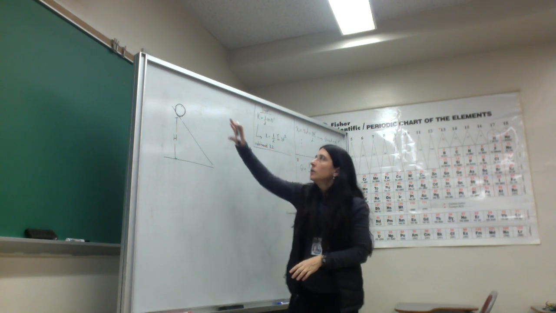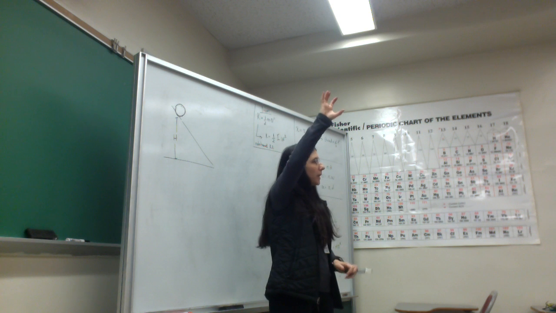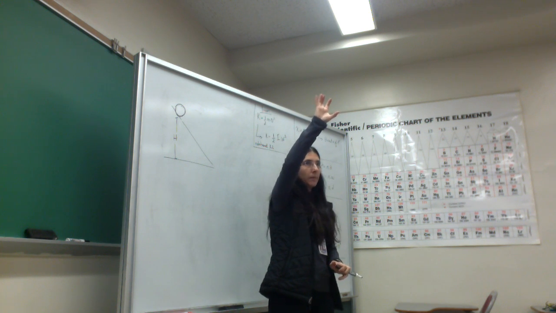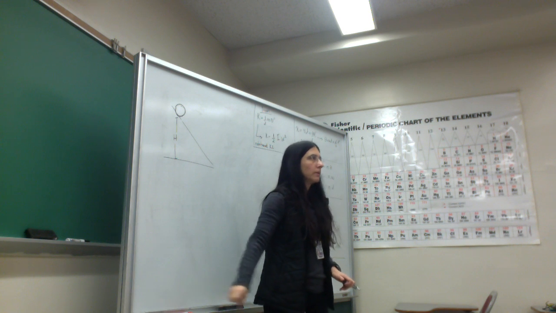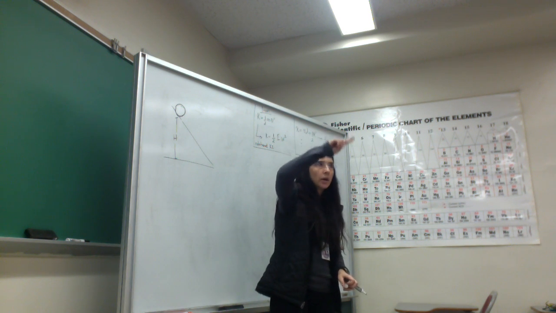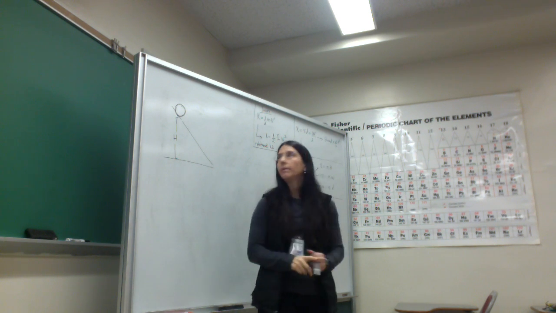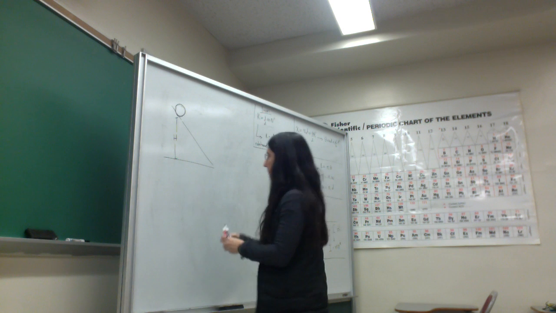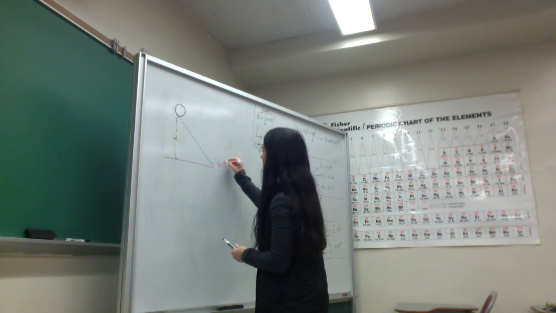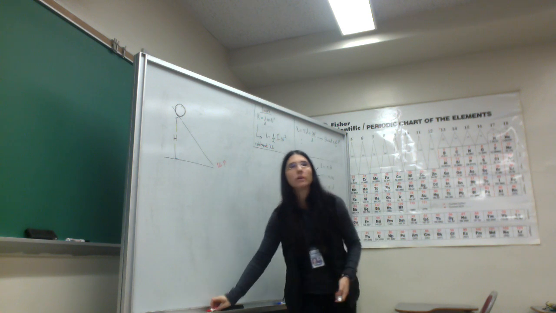High up here, someone is holding the ball. It has only potential energy. Then I let it go. It's going to roll down, so it has translation and rotation involved. And what we want to know is, when it gets to the bottom, what is the magnitude of this translational velocity.